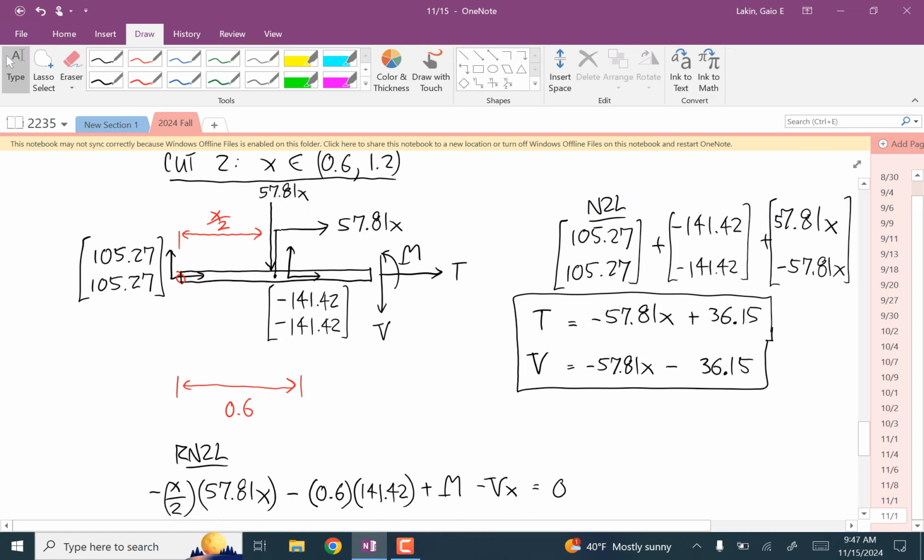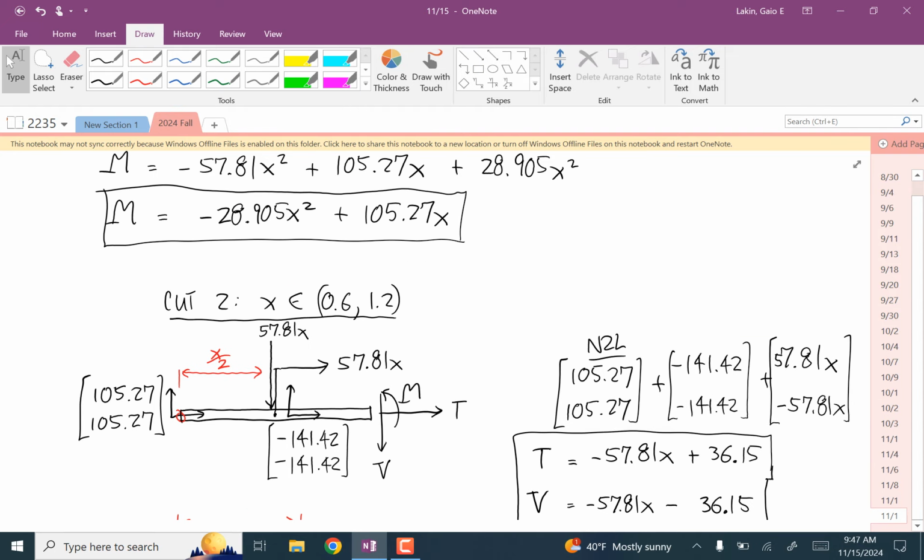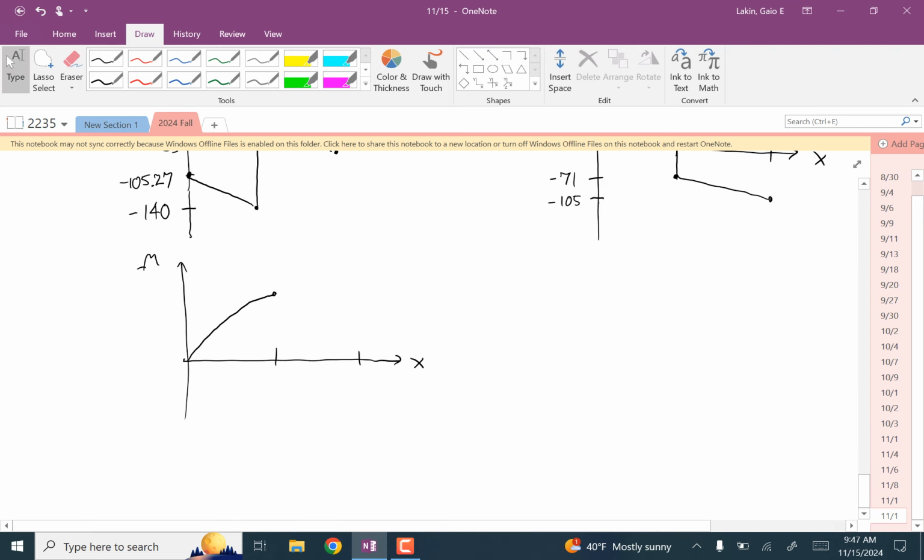I didn't look to see where this one ended. They end at the same spot. Okay, well, I guess they end at the same spot because there's no point couple there.